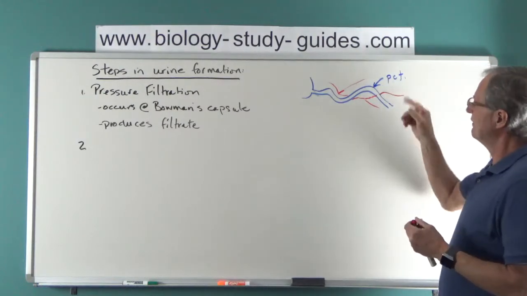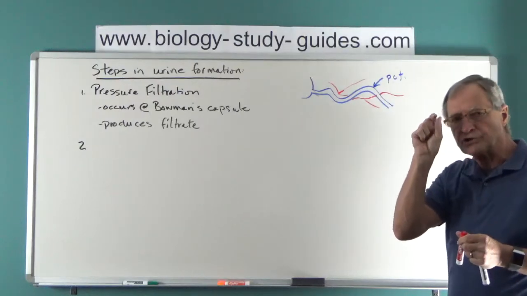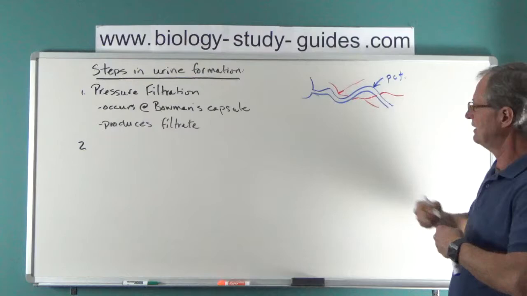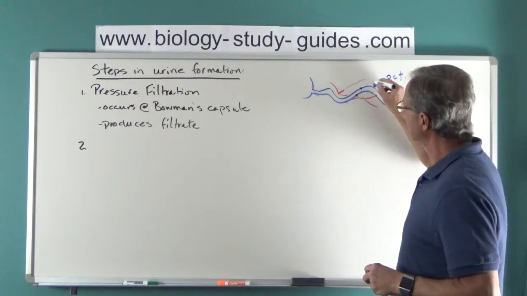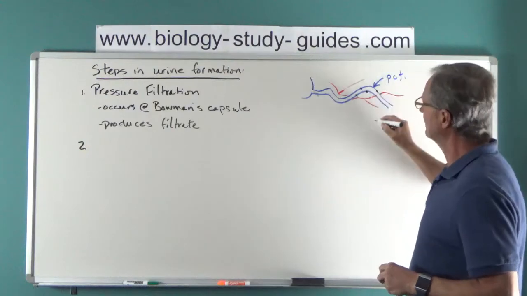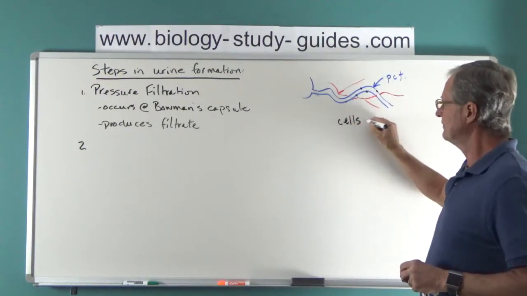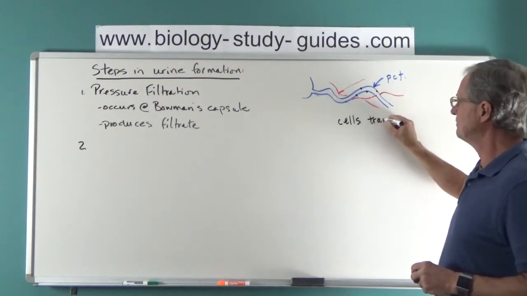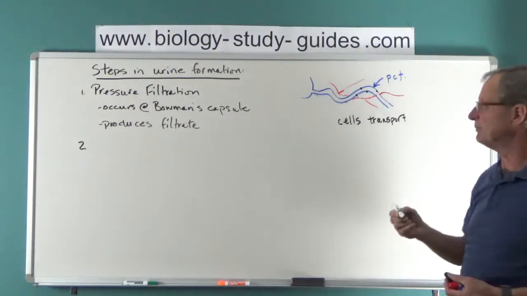The cell walls of the proximal convoluted tubule are only one cell thick, and they have specializations along the tubule. Those cells are specialized to transport things that we need back into the blood.